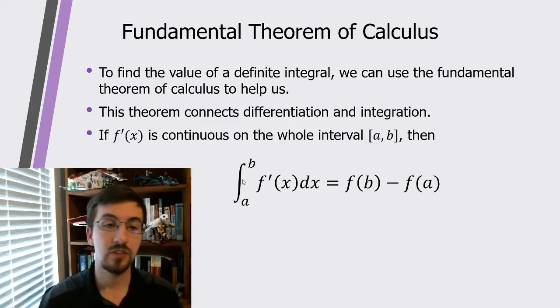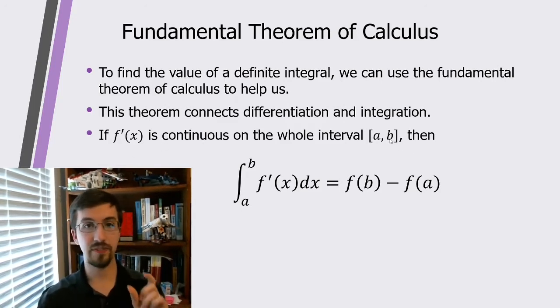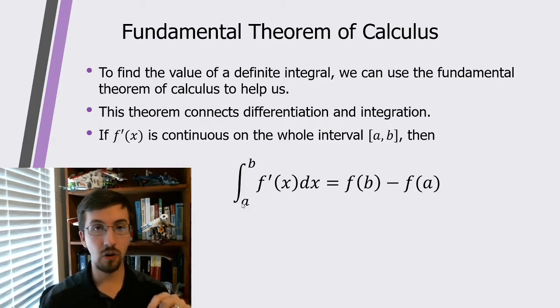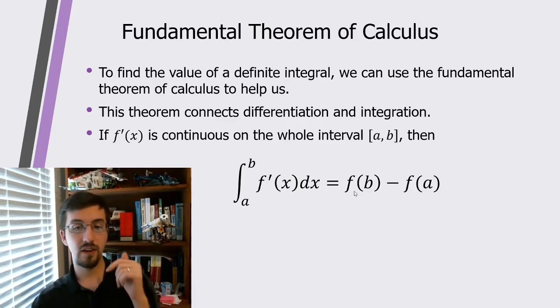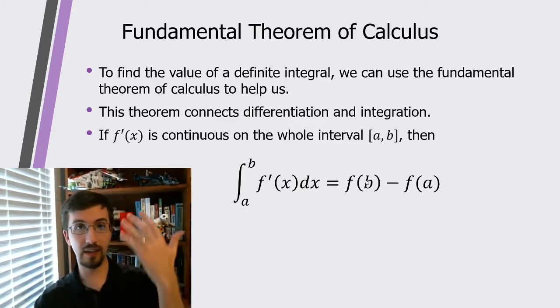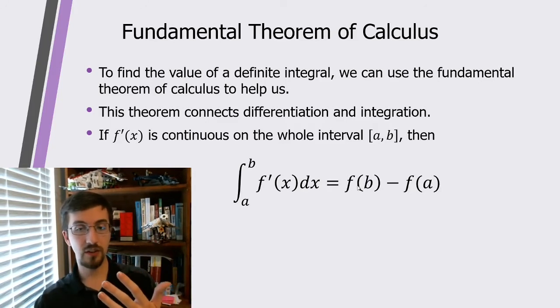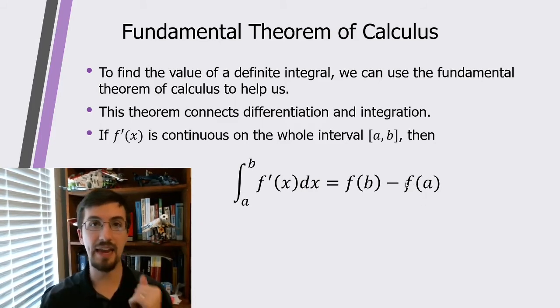So if you have a continuous derivative, f prime, on your whole interval, a to b, then the integral from a to b of f prime of x is the original function. So this was the derivative, right? The original function at the point b minus the original function at the point a.